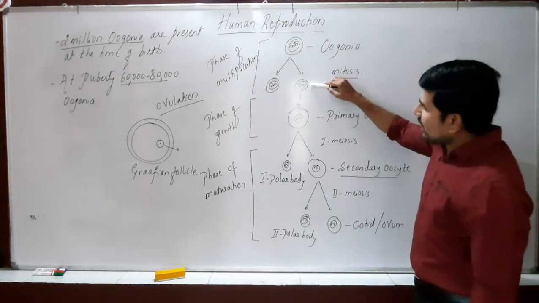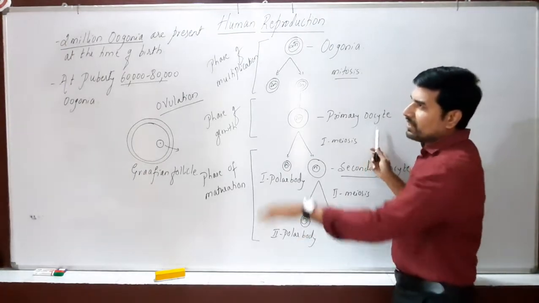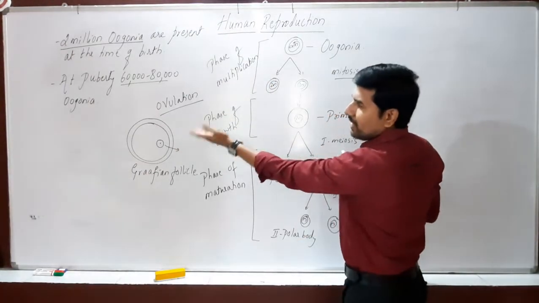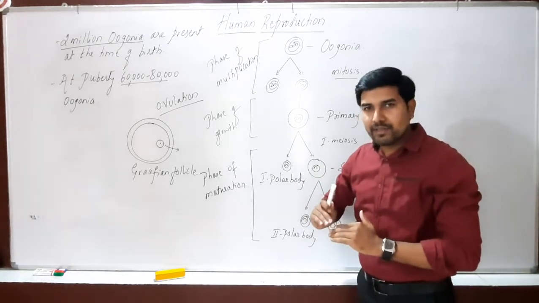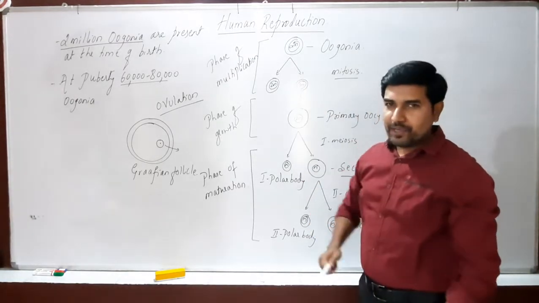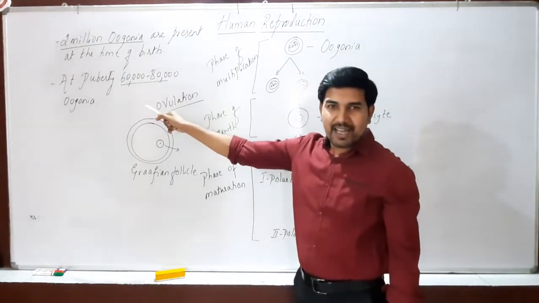Now, this cell undergoes a phase of growth called the primary oocyte. After the birth of the baby, 2 million oogonia are there. From the birth of the baby until the pubertal phase, 60,000 to 80,000 oogonial cells are present.